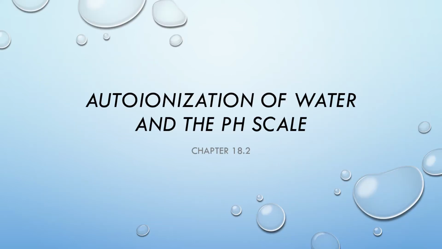In chapter 18.2, we can look at the auto-ionization of water and the pH scale. We're going to introduce the term pH, although you have heard it many times previously, but we never looked into detail at what exactly pH is and how pH is calculated.